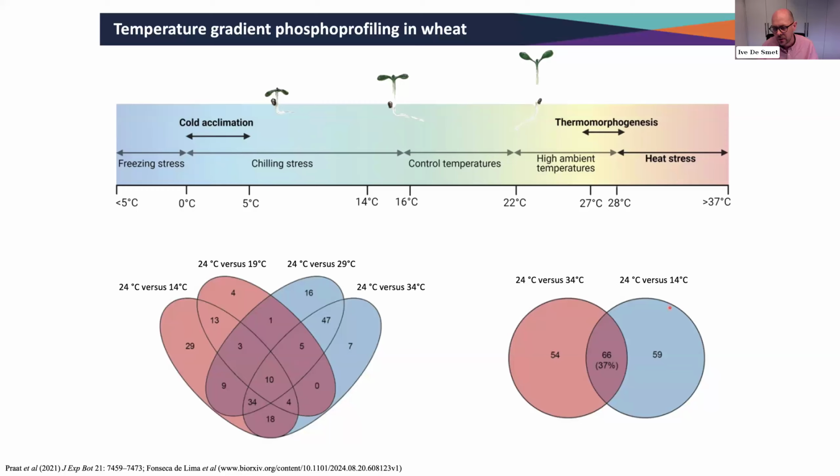This is reflected here in the more extreme temperatures, where we get distinct phosphorylation events, but about 37% of the phosphorylation events are in common between the two different temperatures, which means that temperature signaling, whether cold or heat, is converging on the same molecular players.